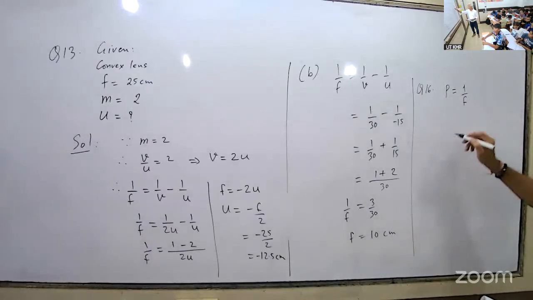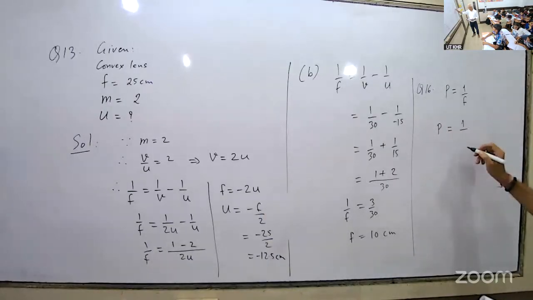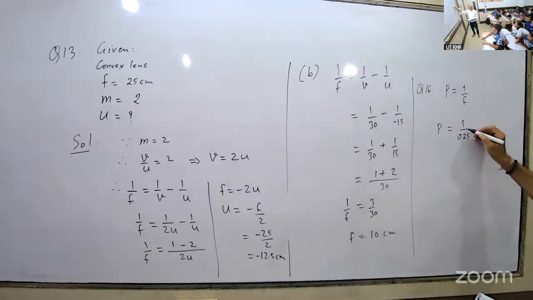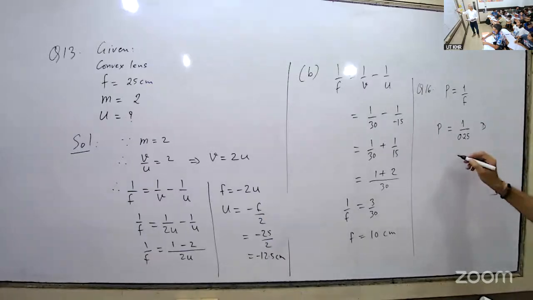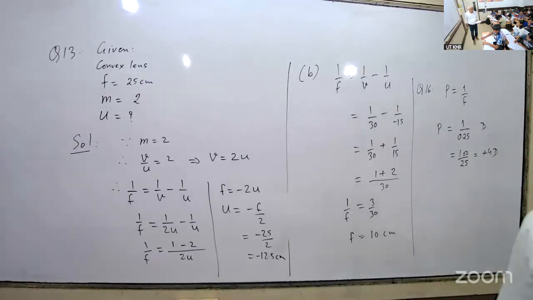1 by f. It should be 0.25 meter. So this is 100 by 25, plus 4. Okay, in power questions, the focal length has to be converted into meter.